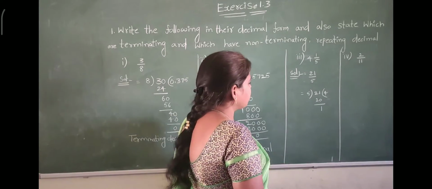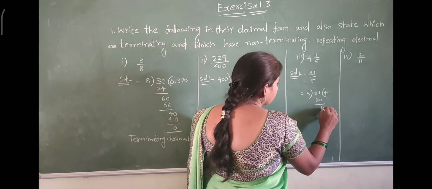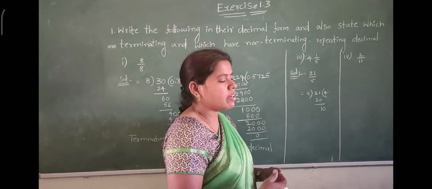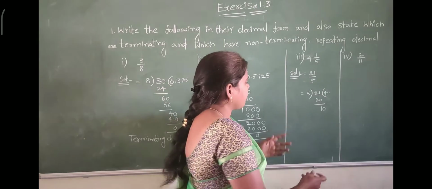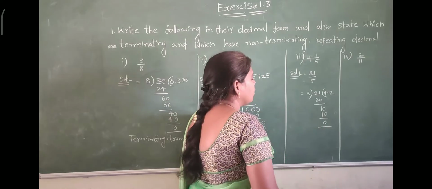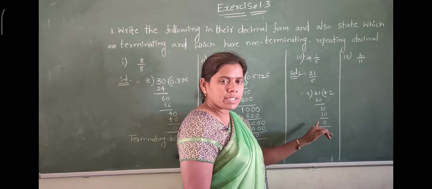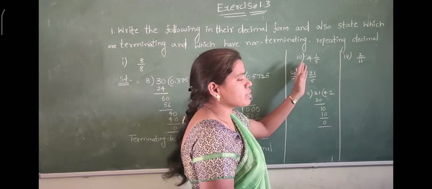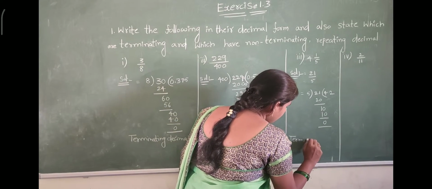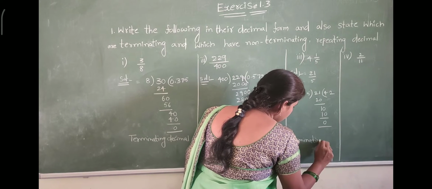That's why we have to keep a decimal point and keep 0. Again, you have to recall the table. 5 ones 5, 5 twos 10. 10 minus 10, 0. So here also we got remainder 0. That's why this is also a terminating decimal.